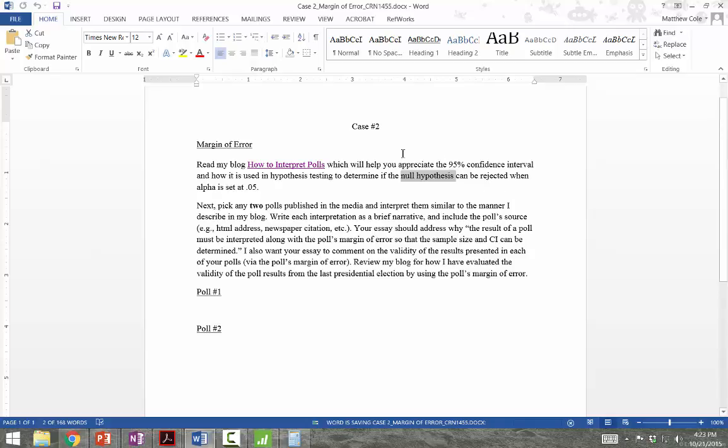Well, the word null means zero or no difference. So in a probability, we would just say the probability is 0. There's no effect, no probability. So inferential statistics in proportion is when we say we have an idea, we have a best guess, we have an hypothesis as to what the probability should be. Let's say 30% or 25% or 40%.